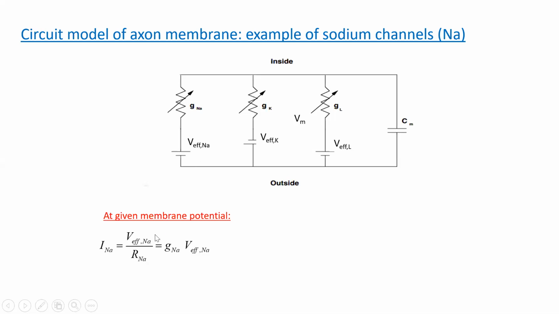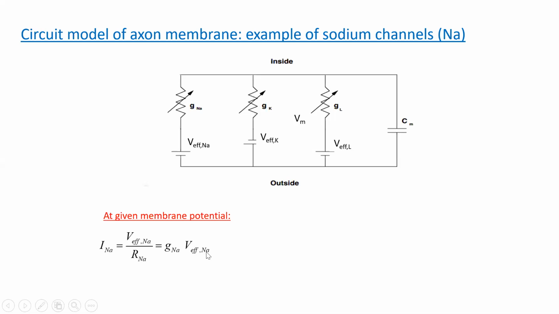And again, in working with channels, for convenience, we write 1 over R as G, so we work in terms of conductivities. So we write this as conductivity of sodium times the effective potential of sodium.